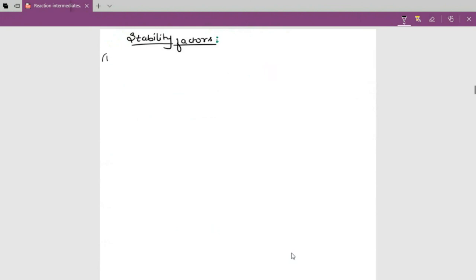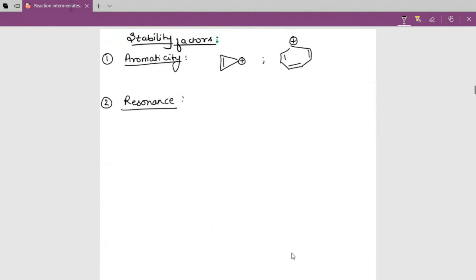Just some important ones are certainly, first, aromaticity. If a plus charge is in an aromatic system, the carbocation will definitely be very stable. Say this one. These are aromatic carbocations. Certainly, they are very stable. Second, if there is resonance, yes, resonance supports the stability of carbocation.